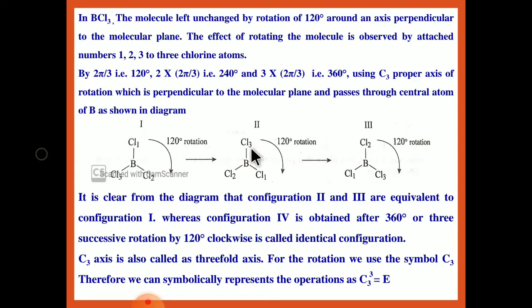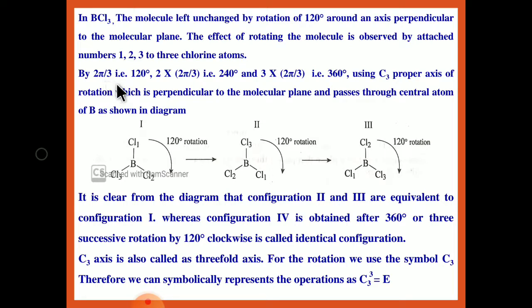Here Cl3 is replaced by Cl2, Cl1 is replaced by Cl3, and Cl2 is replaced by Cl1. And if we rotate this orientation by 120 degrees, we will get the fourth orientation, which is exactly identical with the first orientation.